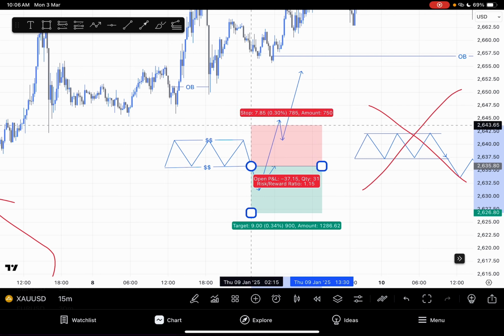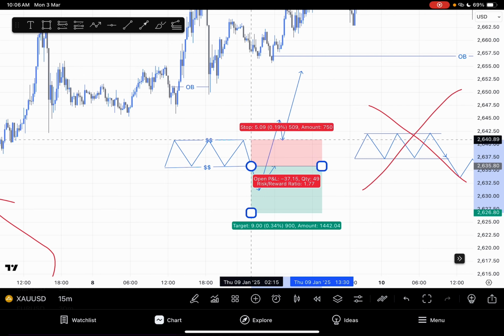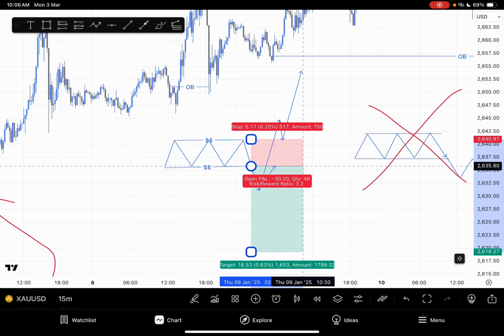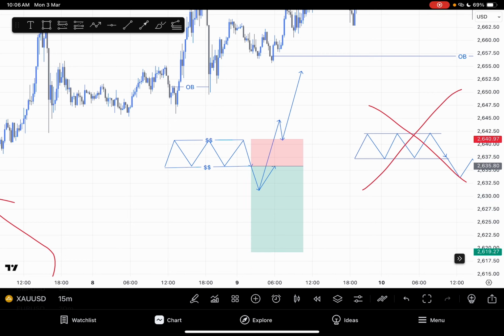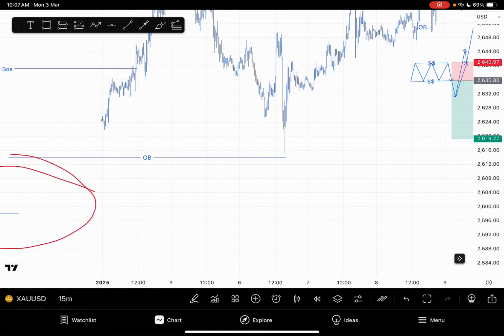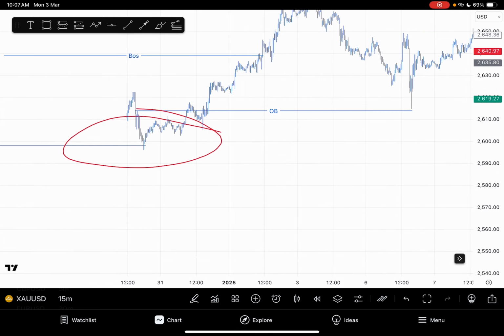Then my stop loss will be at this previous high. Then my take profit, let me say 1:3 risk to reward ratio. Then you see price pushing to the upside, taking out their stop loss, because of this false breakout here. So let me show you some examples on the chart.